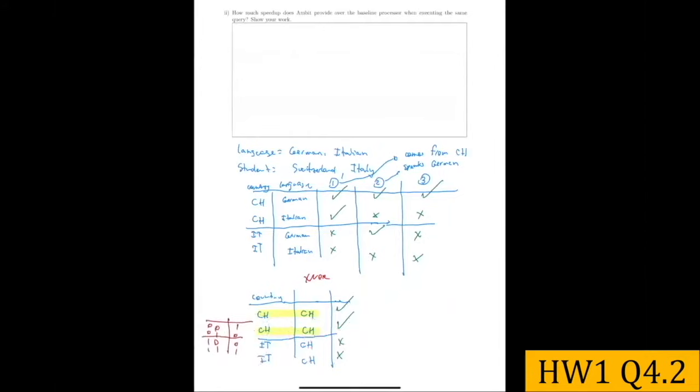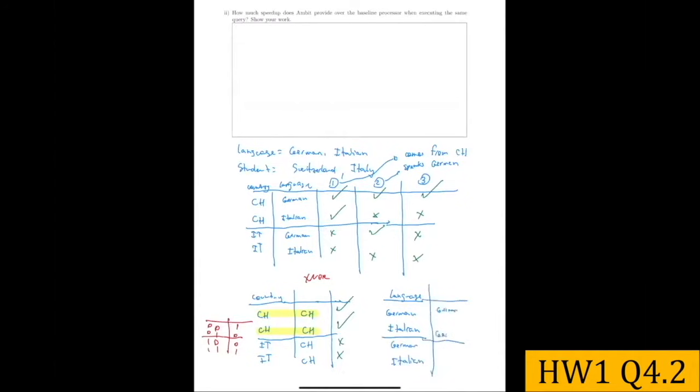So for the next operation, we have the language, and you have German, Italian, and you have German, Italian. And what you want is pretty much German, right? So you want to run this against German.